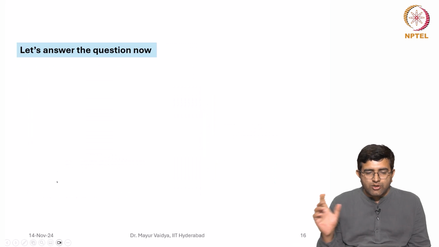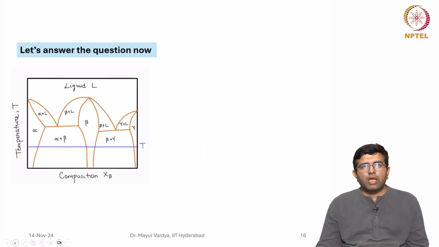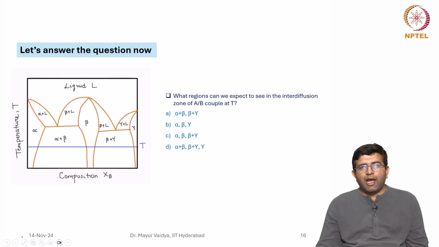So let us try to answer this question now: what are the phases that you will see in the diffusion couple which is annealed at this temperature T? From the previous discussion, it is clear that phase mixtures will not grow in a binary diffusion couple.